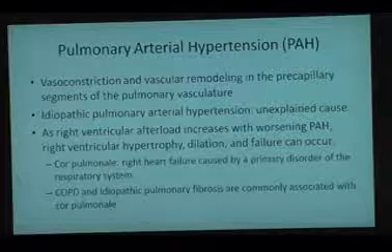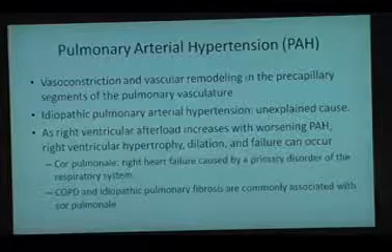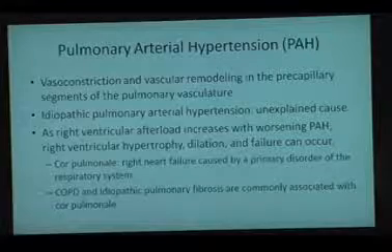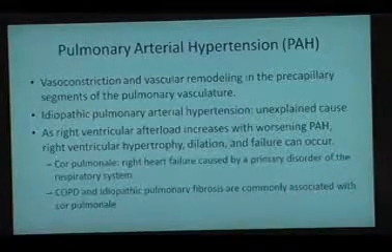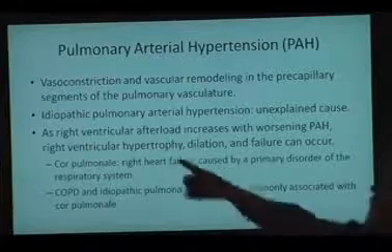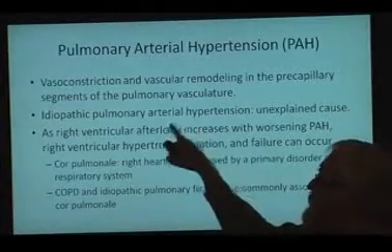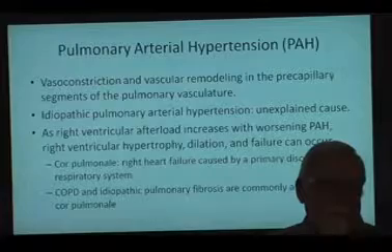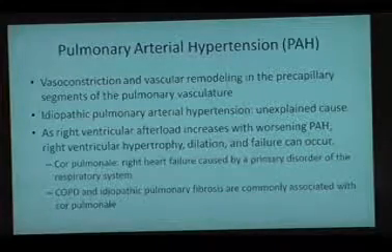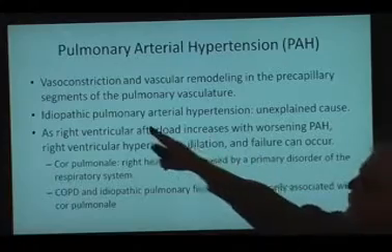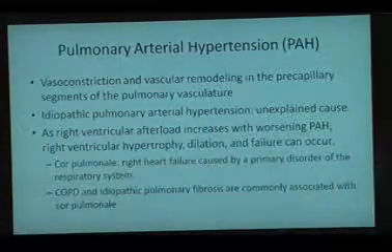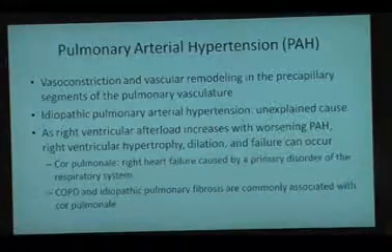So pulmonary arterial hypertension, PAH: there's vasoconstriction and vascular remodeling in the precapillary segments of the pulmonary vasculature. Many times, pulmonary arterial hypertension is idiopathic, so the cause is unknown. And in fact, by far the most common reason that patients develop pulmonary arterial hypertension is idiopathic.